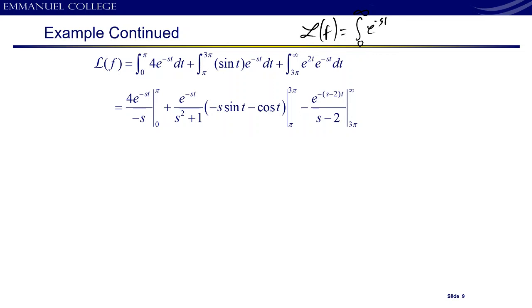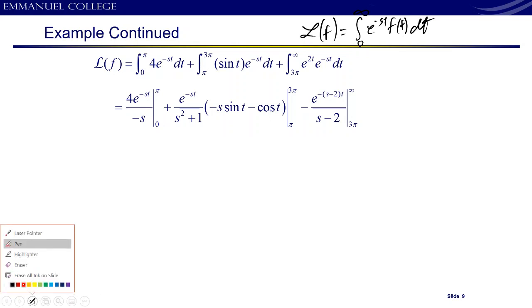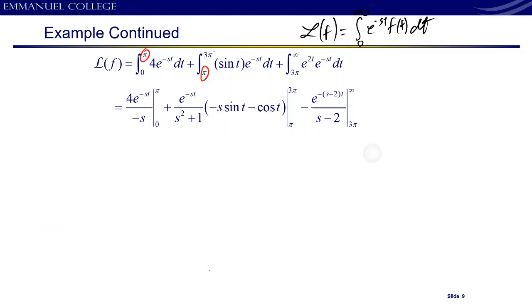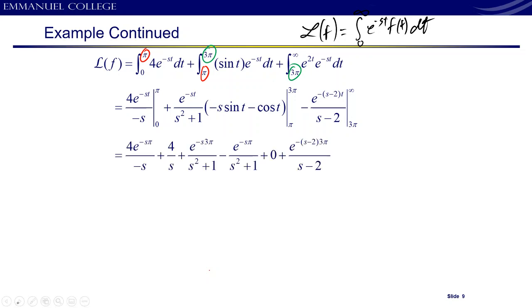Then we have e to the negative st, f of t, and so on. But notice here, because we have to break it up into the piecewise components, kind of like with the original example, now, instead of this going from 0 to infinity, it has these little stopping points. And those stopping points actually have an interesting effect on the solution.